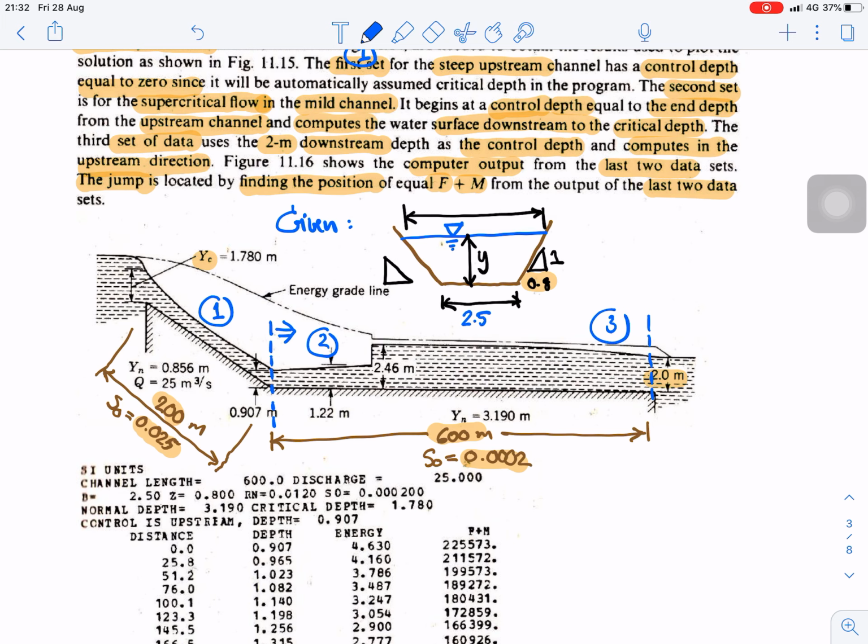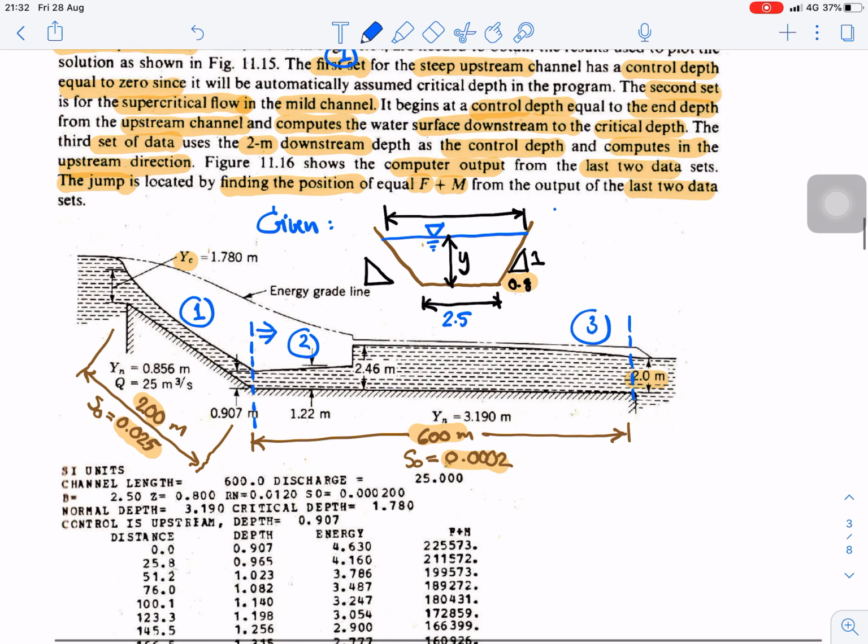Manning's n is equal to 0.012, and Q is 25, and the slope is as given.